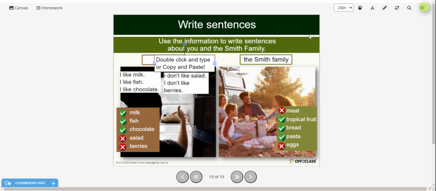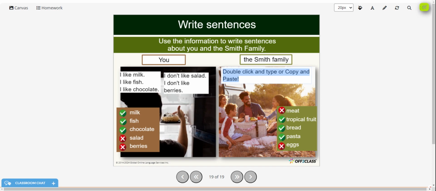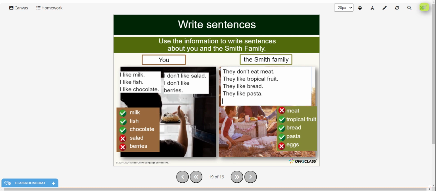All right, and now the Smith family. They don't eat meat. They like tropical fruit. They like bread. They like pasta. They don't eat eggs.